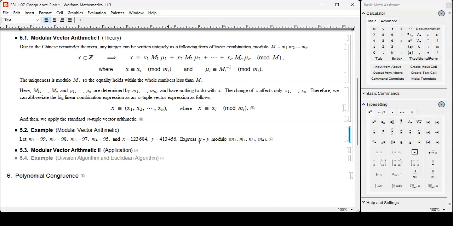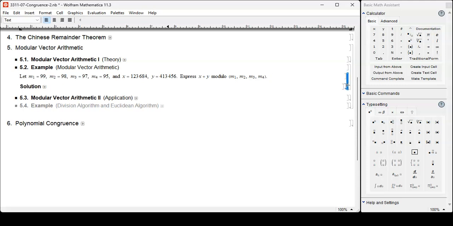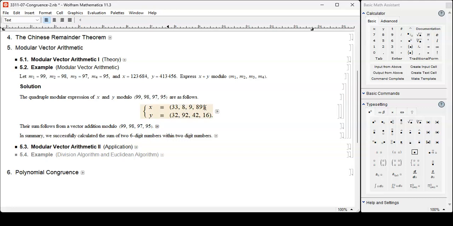And then x plus y modulo m1, m2, m3, and so on. We can always add them up and then put that into this. But that's actually cheating. And we want to practice this modular vector arithmetic. So let's express x as an n-tuple and y as an n-tuple through modular arithmetic like this. So how did you get 33, 8, 9, and 89?